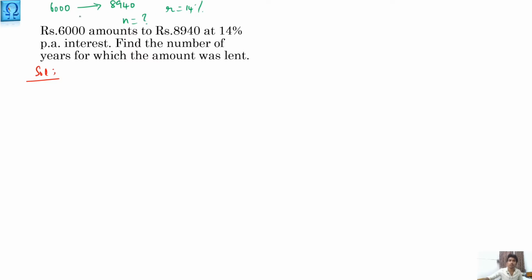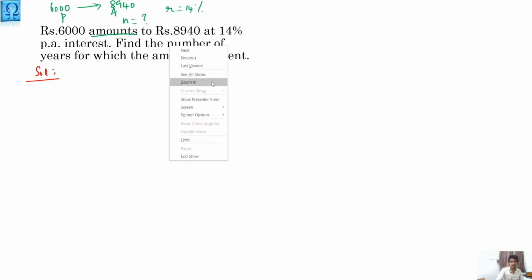Initially I have this, and this money becomes 8,940 after a certain number of years. So this would be P and this would be A. Right? They have given that it amounts to. Rupees 6,000 gives you rupees 8,940, and the difference may be treated as the interest.